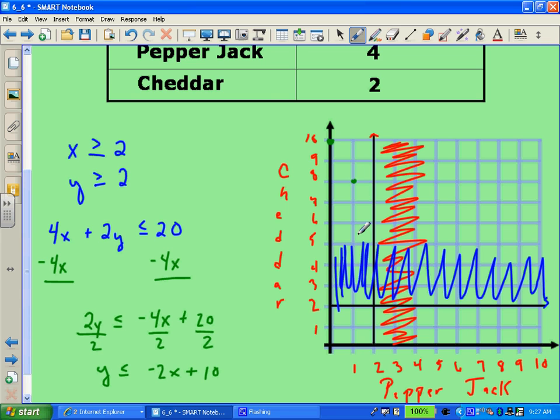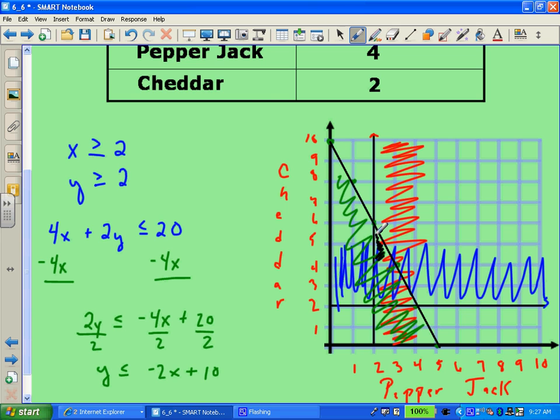So I'm going to start at 10, come down 2 over 1 each time. And it's also going to be a solid line. And since it's less than or equal to, it gets shaded below.